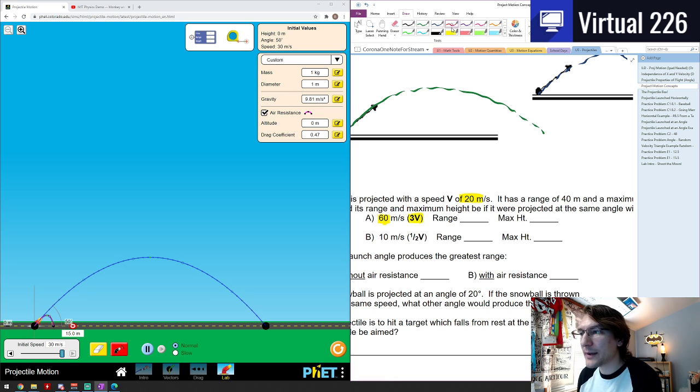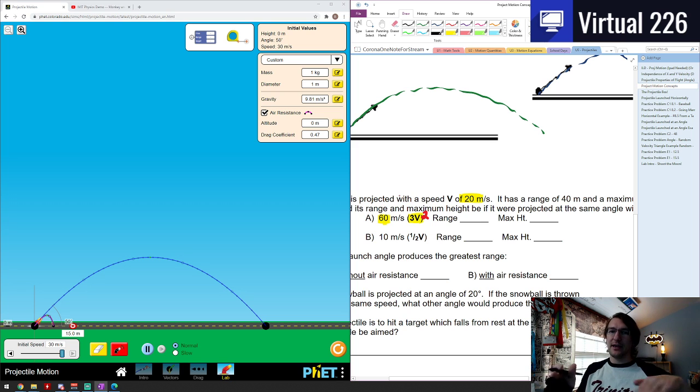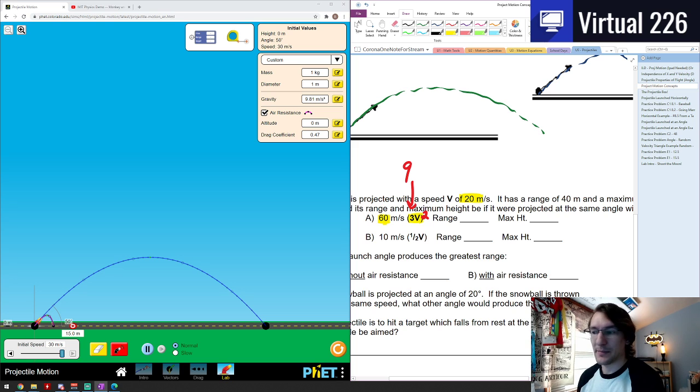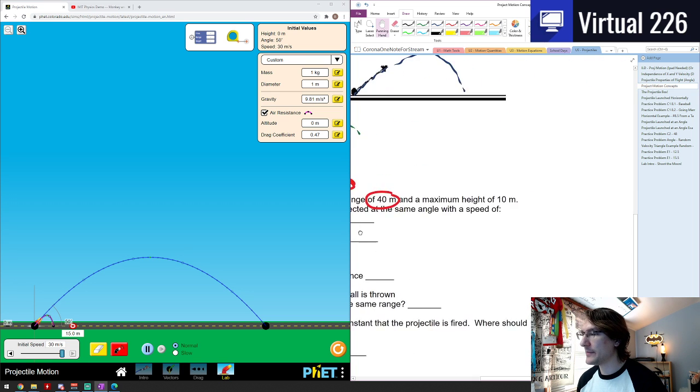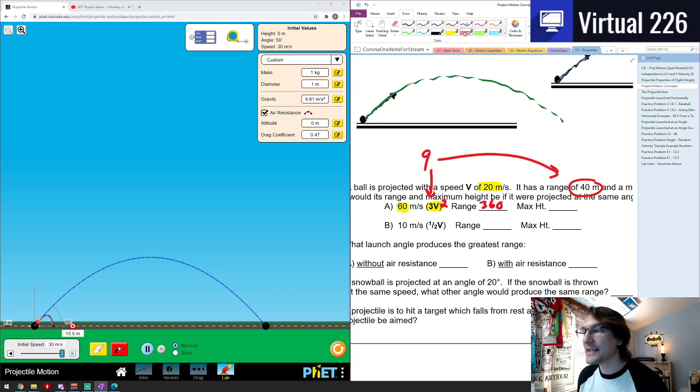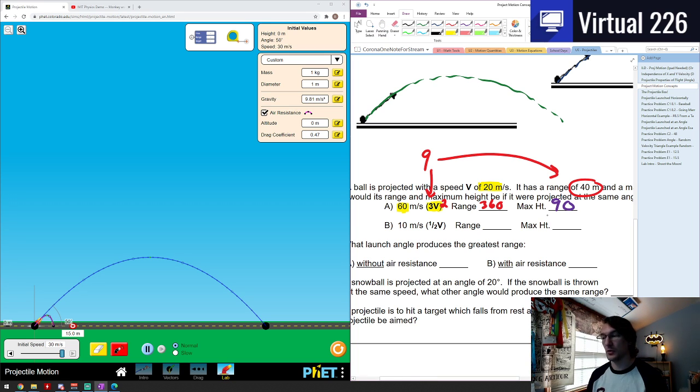So if we go 3 times the initial speed, when we think about squaring that quantity, because we gain both x and y velocity, that's like 9 times the amount. So if we had an initial range of 40, 40 times 9 is 360. And if the maximum height was 10, 10 times 9 would give us 90. Okay? So that's how we get that.